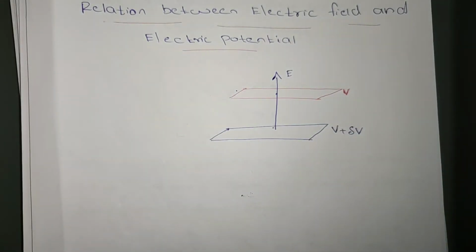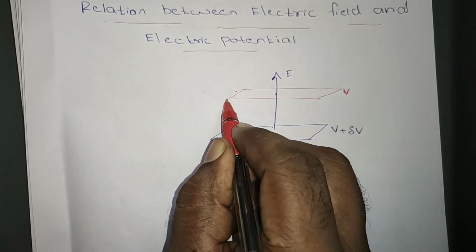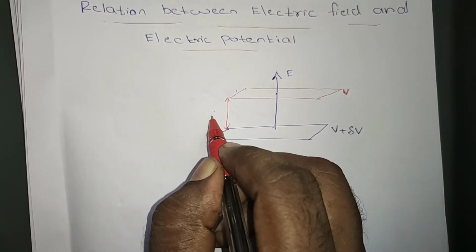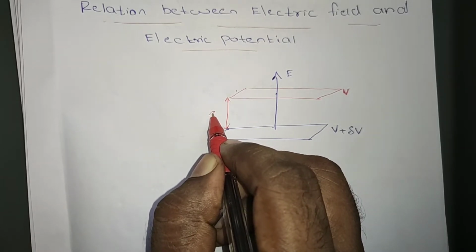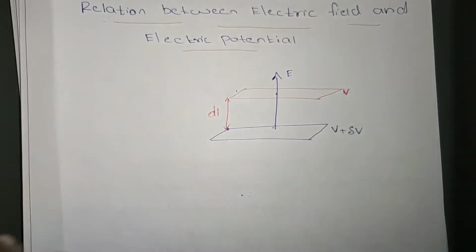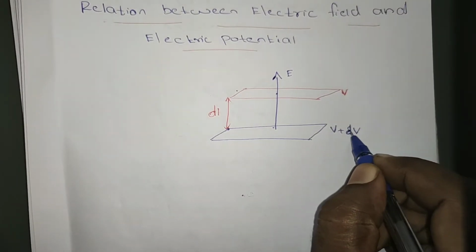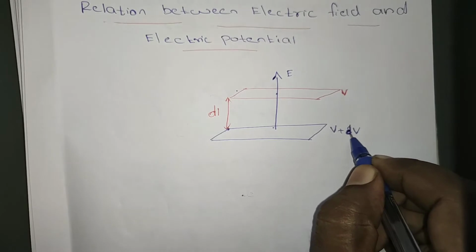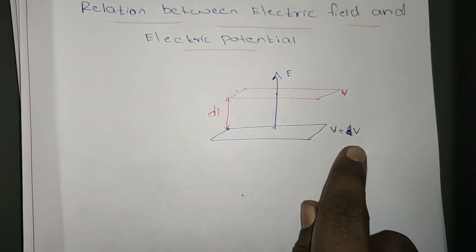The perpendicular distance between these two I take as dL, and the potential difference I use the symbol dV. So the distance between them is dL, and the potential difference is dV.